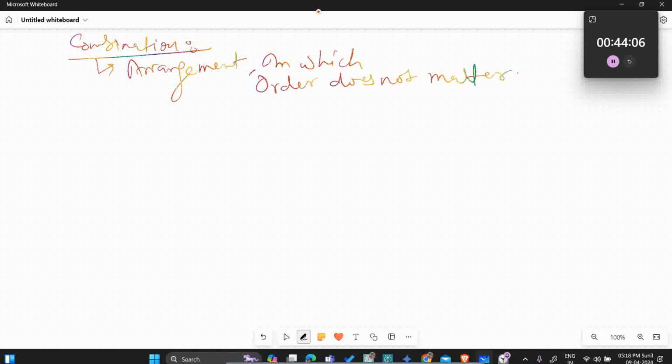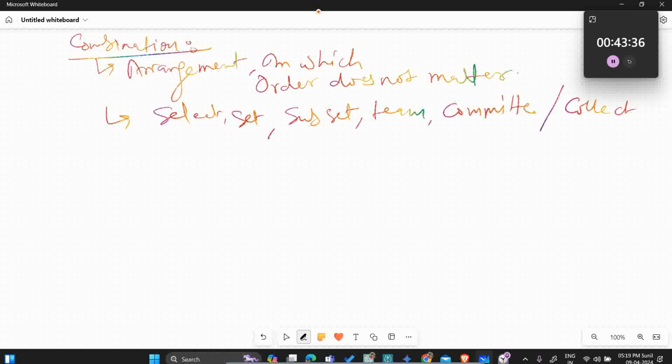Next are some keywords regarding combinations, like select, selection, set, subset. These are keywords to hint you that it is a combination thing. Team and committee, and we can say collect, and so on.